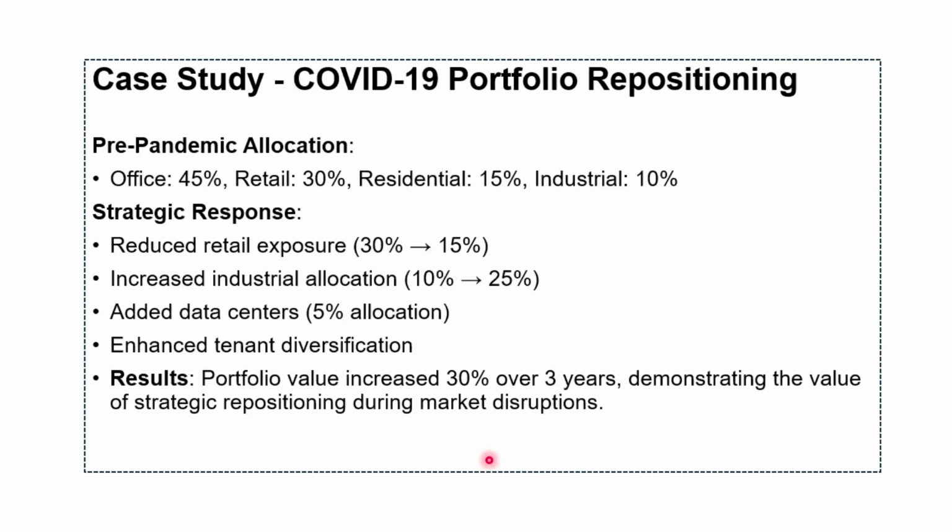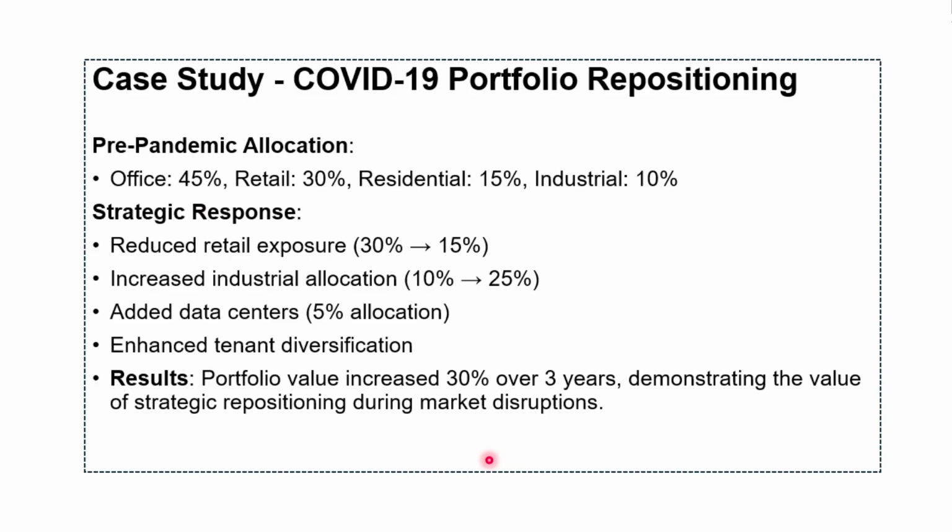Then we have a case study of COVID-19 portfolio repositioning. Pre-pandemic allocation: office in the portfolio was 45%, retail was 30%, residential was 15% and industrial was 10%.